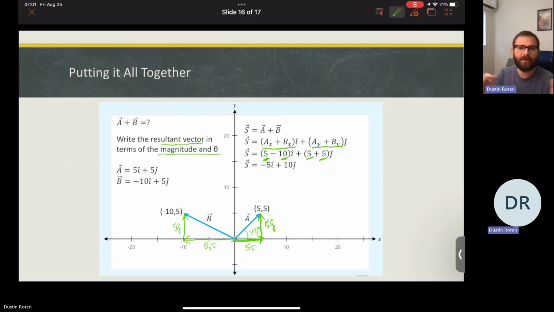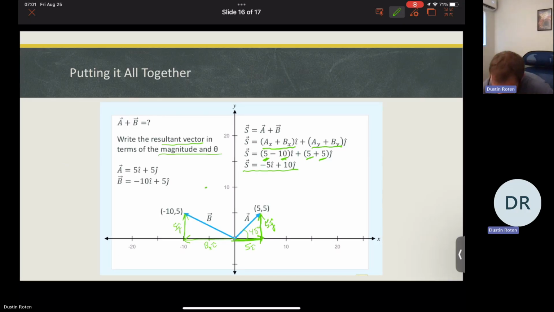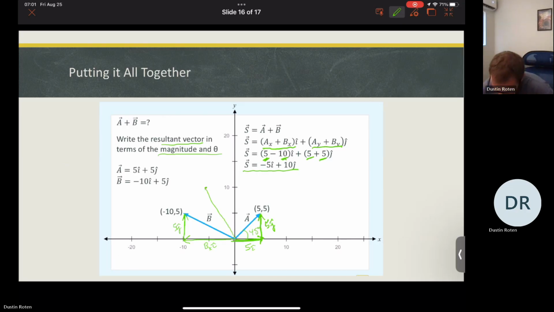And then when you just do the math, it's just simple arithmetic. It turns out what we get is this right here: negative 5 i hat, and then plus 10 j hat. So if I were to mark that, I go negative 5 i hat, and then positive 10 j hat. So my resultant vector would look something like this. So this is actually A plus B.